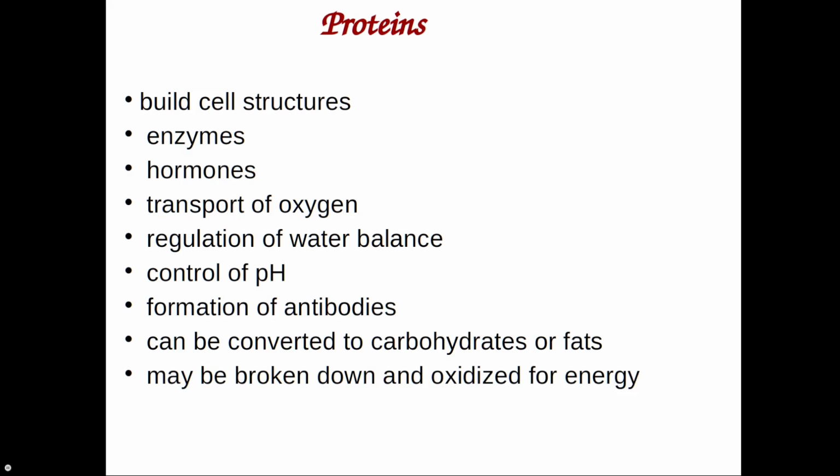With the help of proteins we can resist some viruses and microorganisms. And of course proteins may be used as a source of energy, or may transfer to other components of food.